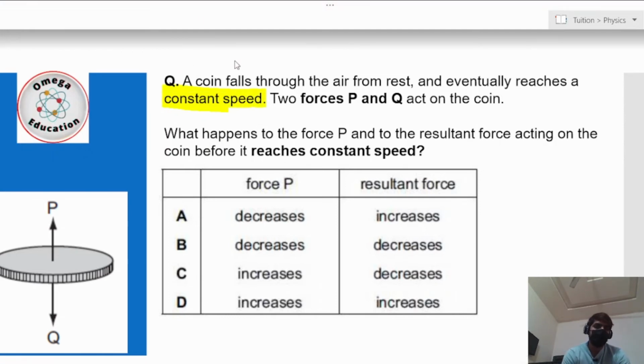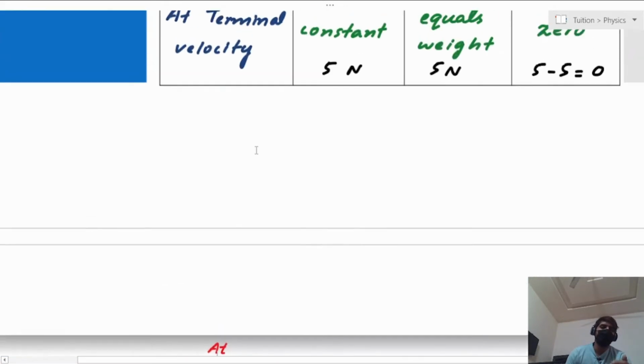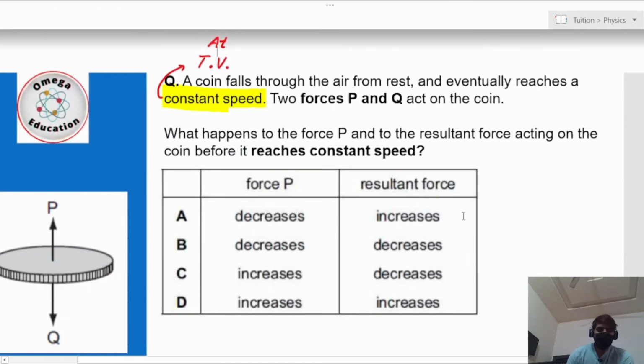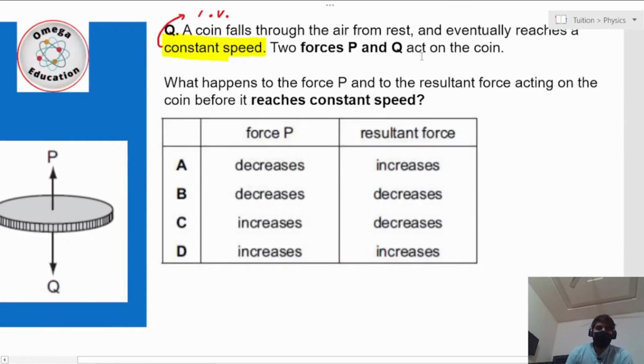This is the first thing that you need to point out, that the object has reached the terminal velocity. So you use those facts and pointers. The second part: two forces P and Q act on the coin. What will happen to the force P? P, the force upward, would be the air resistance.